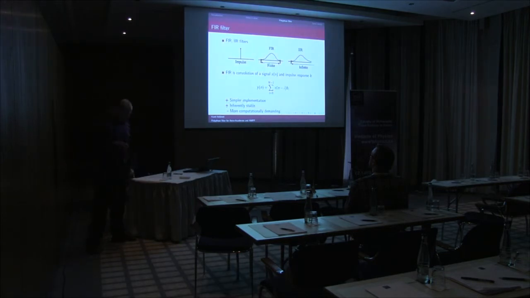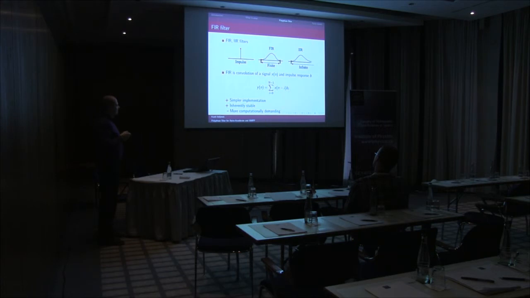Now, what is a polyphase filter? A polyphase filter is basically a linear filter, and we can divide linear filters into 2 big groups. One is FIR filters, and the second group is IIR filters.